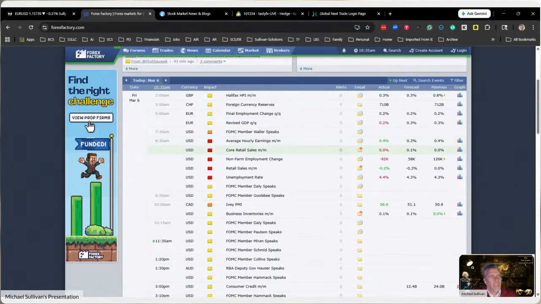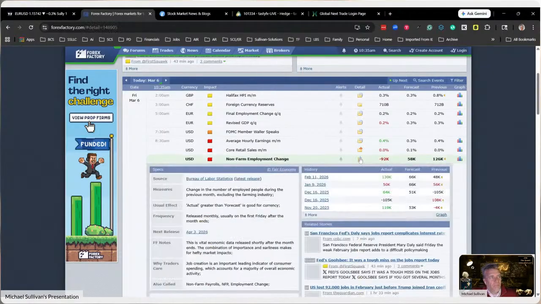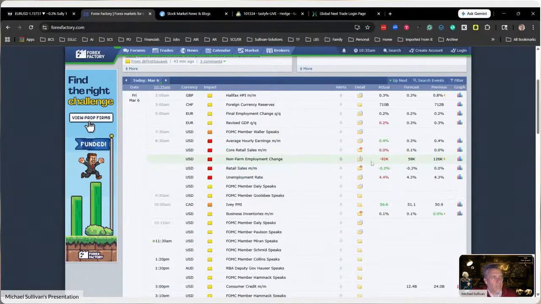Core retail sales, 1/10 growth, previous was 0, pretty much moot. Non-farm employment change though, this one's significant. The forecast was 58, it's actually -92, and actual greater than forecast is good for currency. So this is part of the reason on the Euro USD why the dollar and gold had an impact and went the other way.